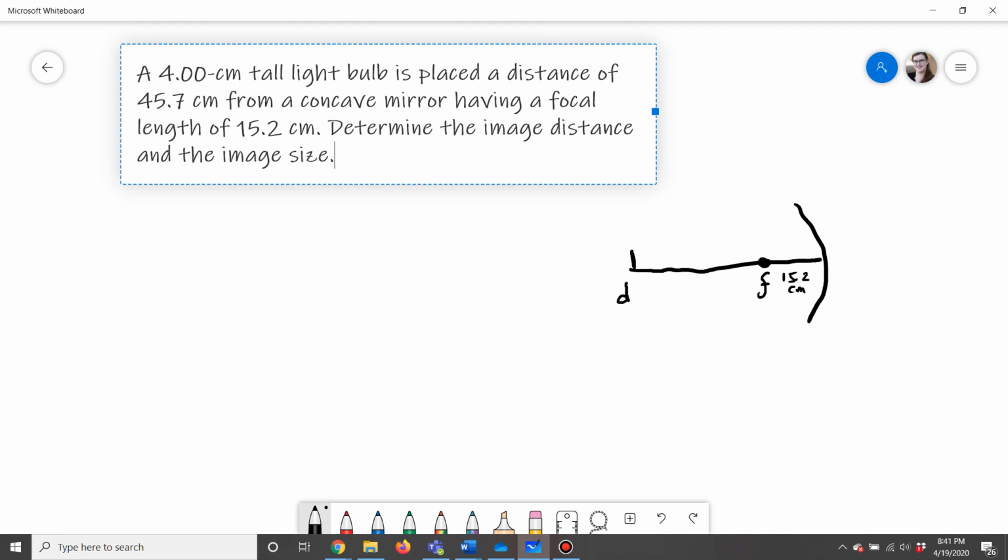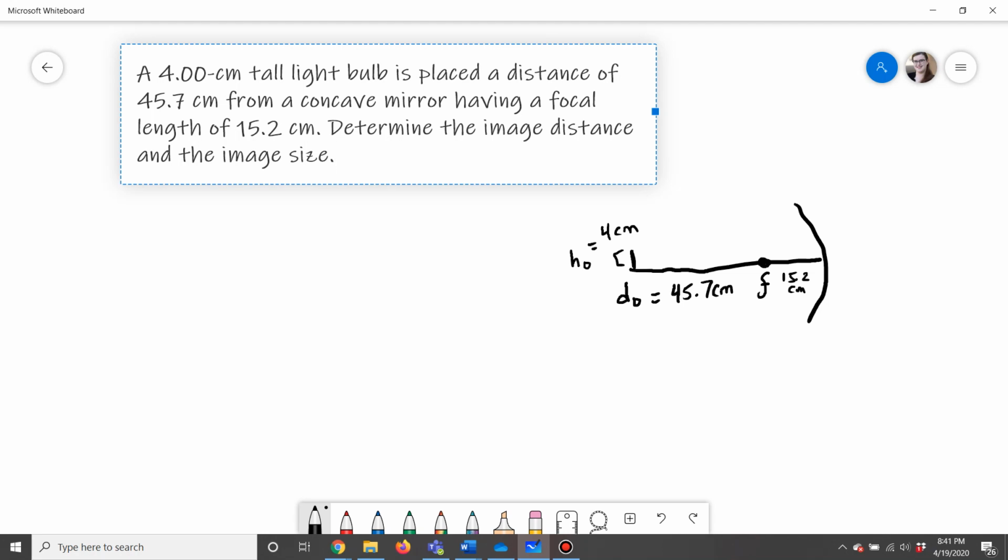And here is our distance for our object, okay? And we also know our height of our object is going to be 4 centimeters. Our distance is going to be 45.7 centimeters. Okay, so now it wants us to determine the image distance and the image size.